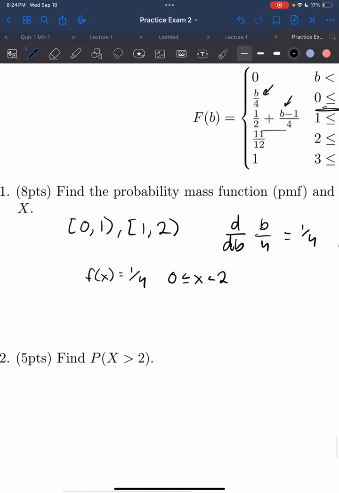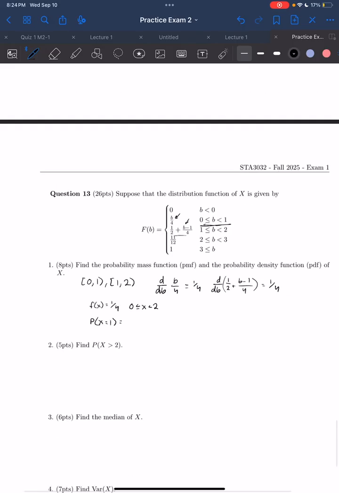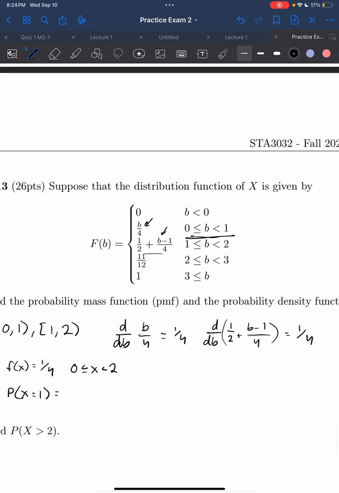So we have our jump discontinuity at P of X equals 1, and so we can solve that by just plugging in 1 into both of these, because this is the value before 1, and this is the value during 1, I guess.